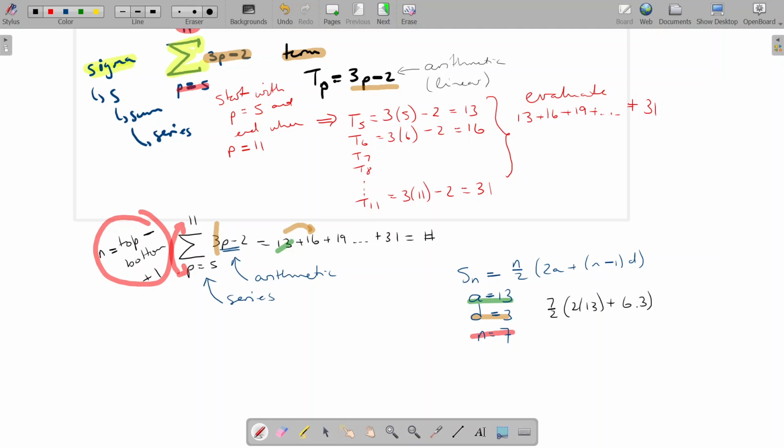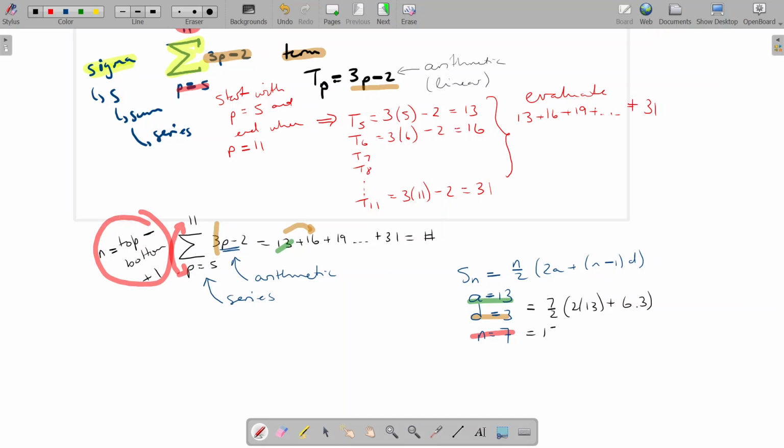So let's see what the calculator says. 7 divided by 2 times brackets 26 plus 18, close the brackets, equals 154. So my sum in this case would be 154.